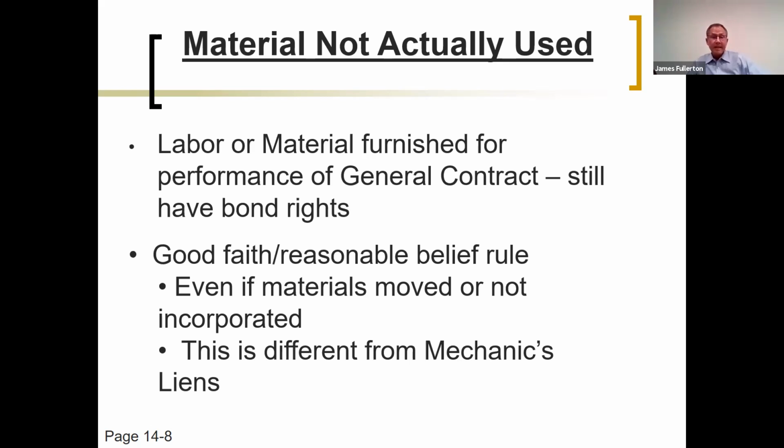Well, I've seen it happen several times that a debtor will have material delivered to a bonded project and then will move that material to a different project where they really wanted to use the material. Or you have a similar problem with counter sales.